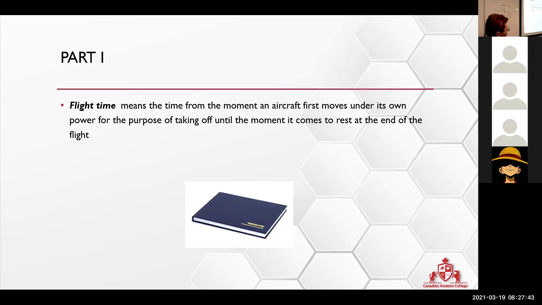I wouldn't necessarily agree with the moment an aircraft first moves under its own power. It's when the battery turns on, okay? So basically when you turn the battery on, the Hobbs meter starts, which we calculate and put in our logbook, and that's what we go by, right?